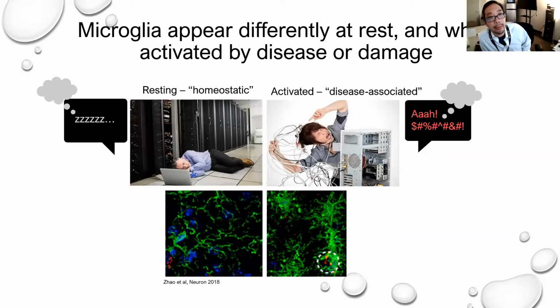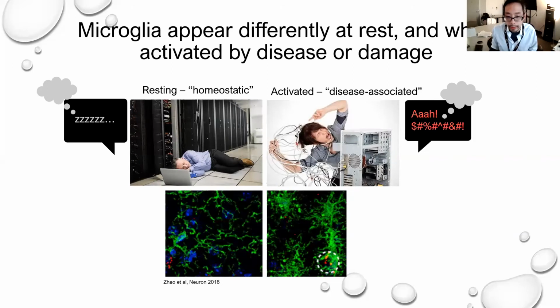So microglia appear very differently in their shape when they're at rest or when they're activated. And they have a very different language when they're in the resting state and also when they're in the disease state. So these are fluorescence images from the lab showing that microglia have these extended filaments that kind of survey the brain environment for damaging agents.